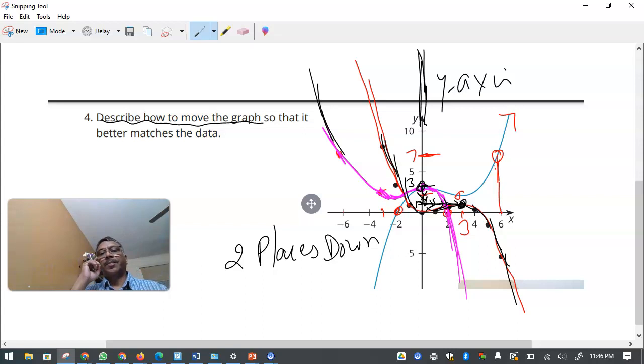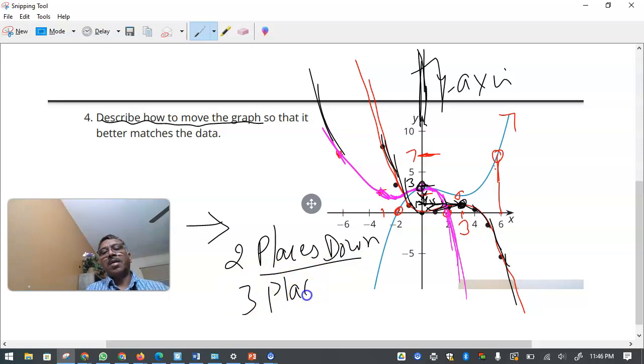Hope that helps. So what you're supposed to do is, you write, first step is you reflect the blue graph over the y-axis, and then you say 2 places down and 3 units right, and it will match.